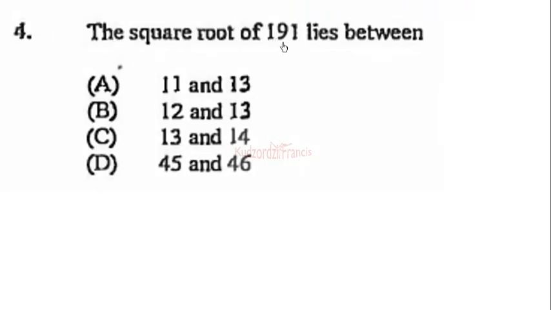The square root of 191 lies between which two numbers? We write 191 and find two perfect squares. The least perfect square greater than 191 is 196.